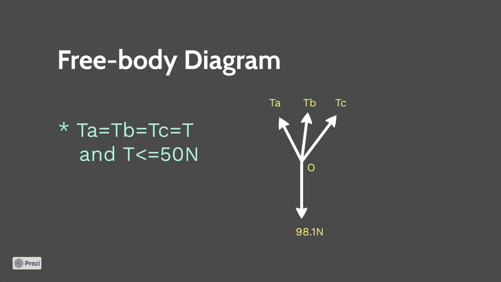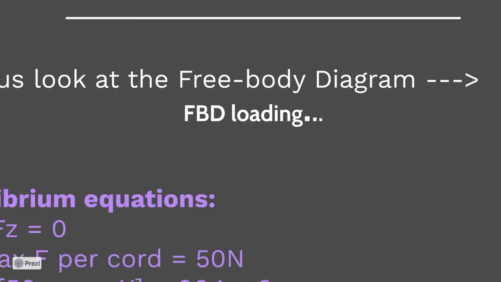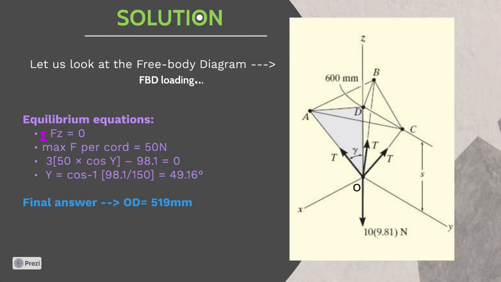Note that from our previous explanation, TA is equal to TB is equal to TC, which is equal to capital T, and also tension should be maximum 50 Newton, so it can't exceed 50 Newton. So now, let us look at the forces acting along the z-axis. According to the equilibrium condition, the sum of forces acting along the z-axis is equal to 0.